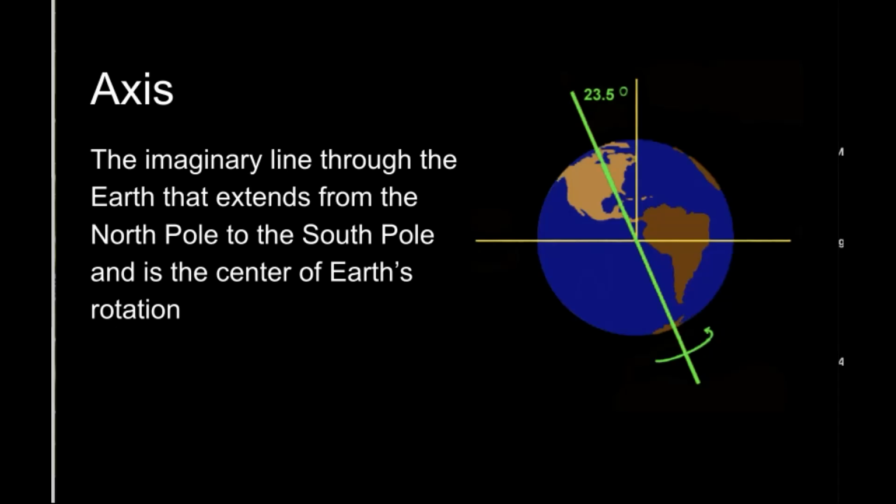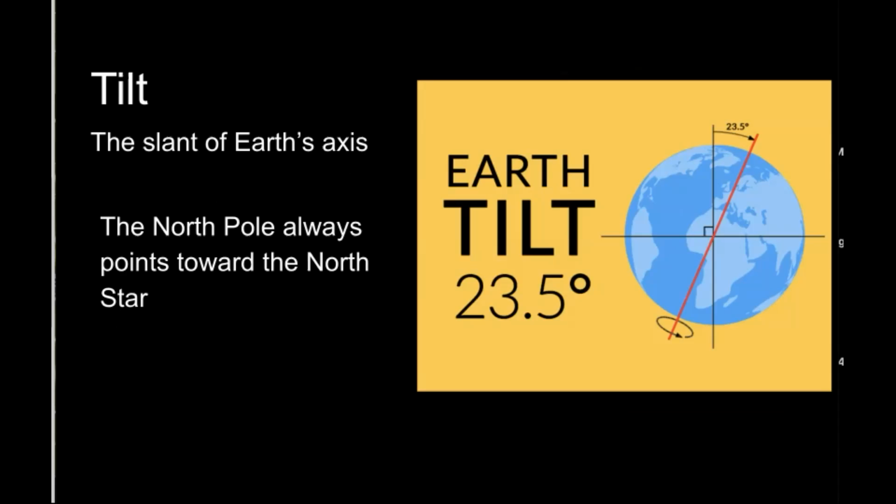So what I would do if I were a student, I would just put axis, an imaginary line where Earth rotates, done, right? We know it goes from the North Pole to the South Pole. Now that axis is off by 23.5 degrees, and that's what we call the tilt, right?